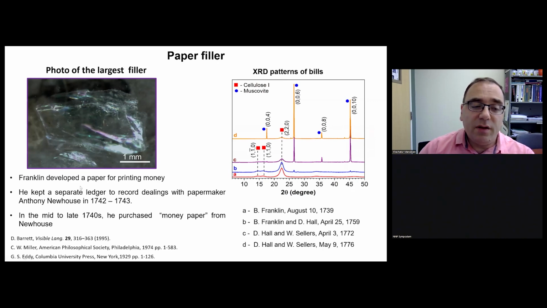And the historians think that he kept a specific separate secret ledger to record all of his dealings with this paper maker, between the years of 1740 to 1743. This ledger was never found. We don't know where it is or if it survived.